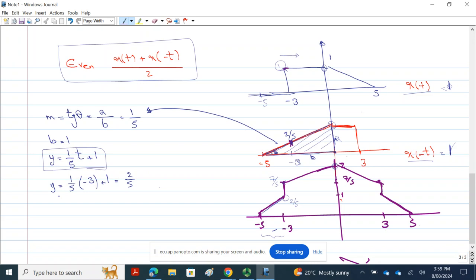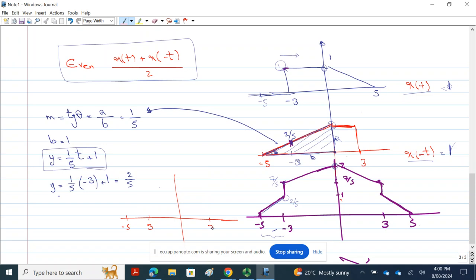That's the even. Oh no, that's not the even part. We haven't divided it by 2 yet. So if I divide this signal by 2, I draw it up here. The t doesn't change, because by dividing by 2, I'm only changing the amplitude on the y-axis.